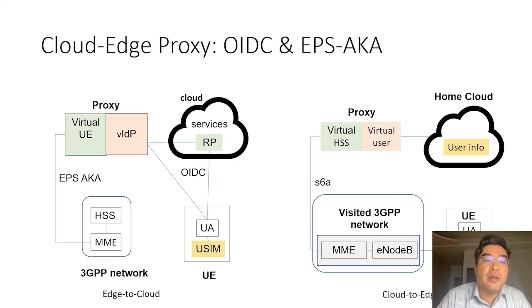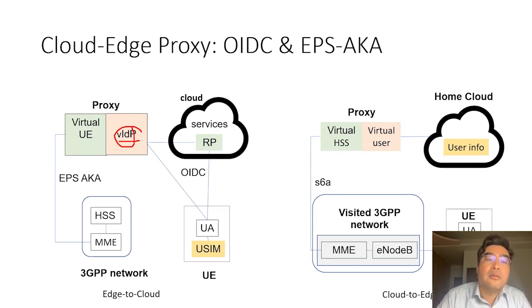So what will happen is that I put a proxy in between, and the proxy needs to create two virtual roles. One is the virtual ID provider, identifier provider, which is a protocol entity defined in OIDC in the cloud. So the proxy pretends to be one entity in the cloud.